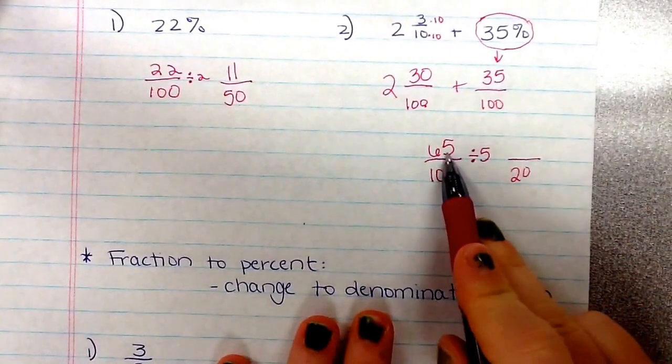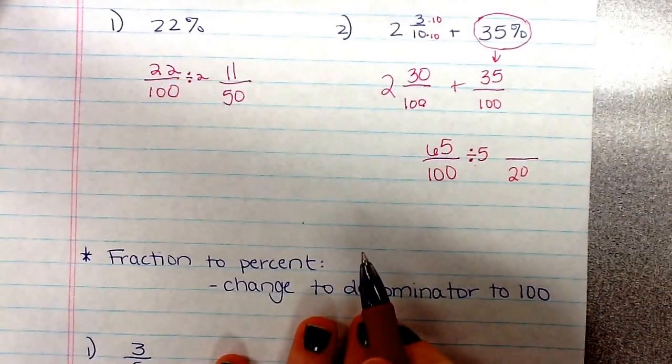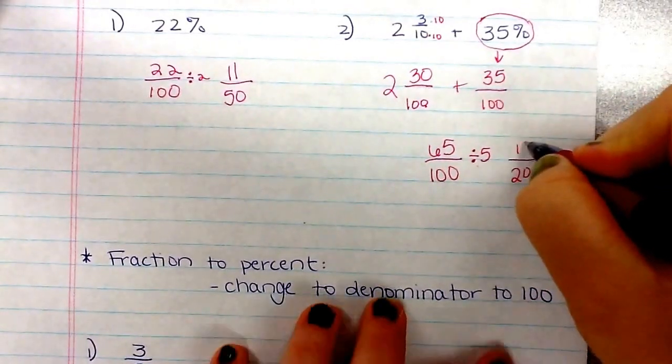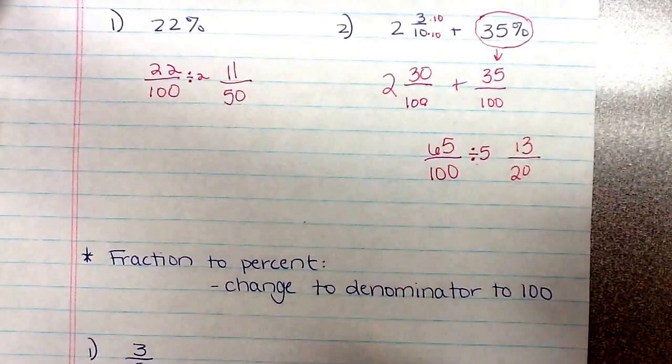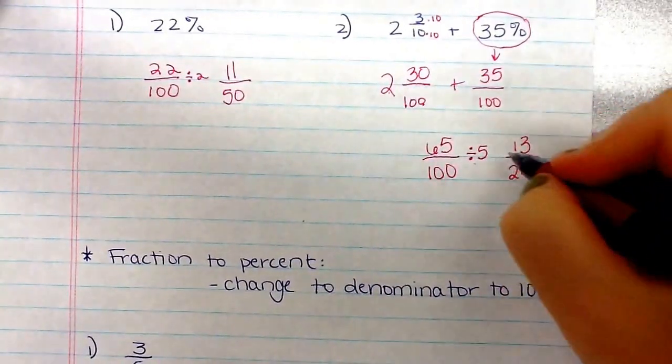Take a minute. 65 divided by 5 is 13. Okay. And don't forget our whole number 2.